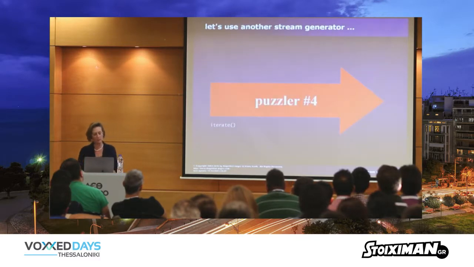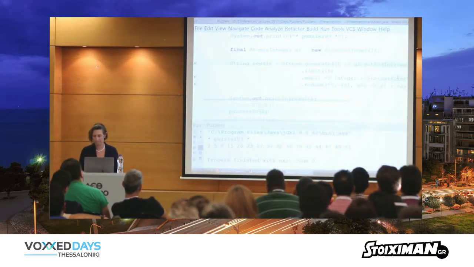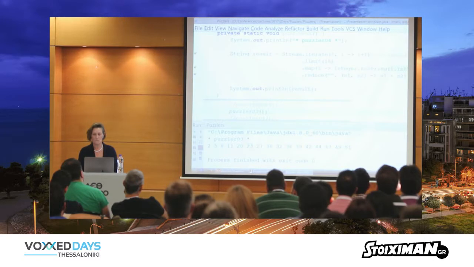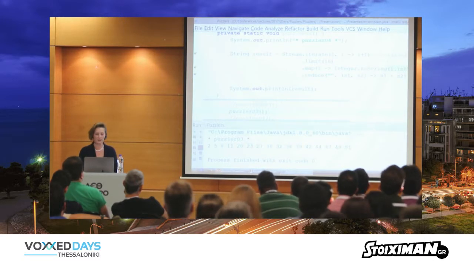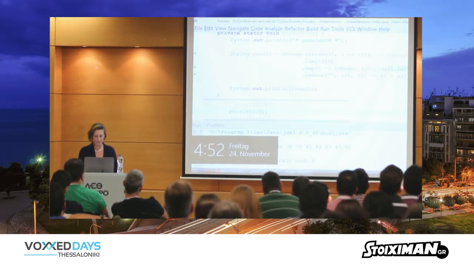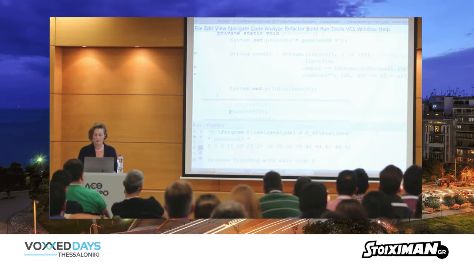So what happens if we use iterate? So this is my example using iterate. Again, I'm trying to create the numbers from 1 to 16.